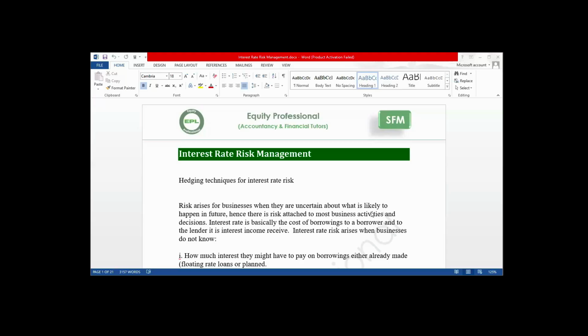There are two types of interest rates. The interest rate may be fixed or floating. Interest rates may be fixed or floating rates.